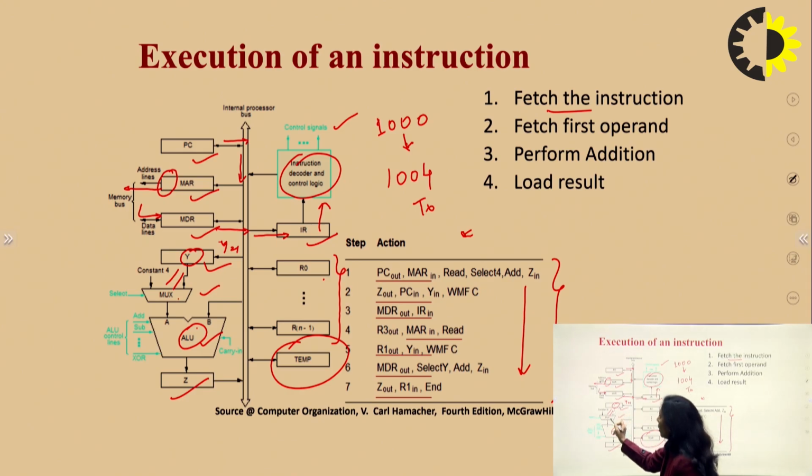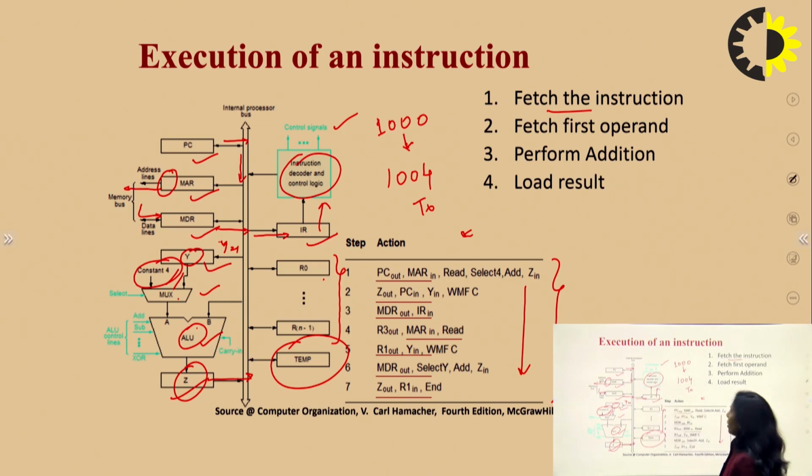This value will move here, and the value 4 is also given to the multiplexer, and in this way the value of the program counter will be incremented by 4. This value will be sent to the Z register, and Z will give the value to the bus again, and this value will be given to the PC, the program counter. The program counter will have the value given by Z, incremented by 4. So these two processes are happening in parallel.